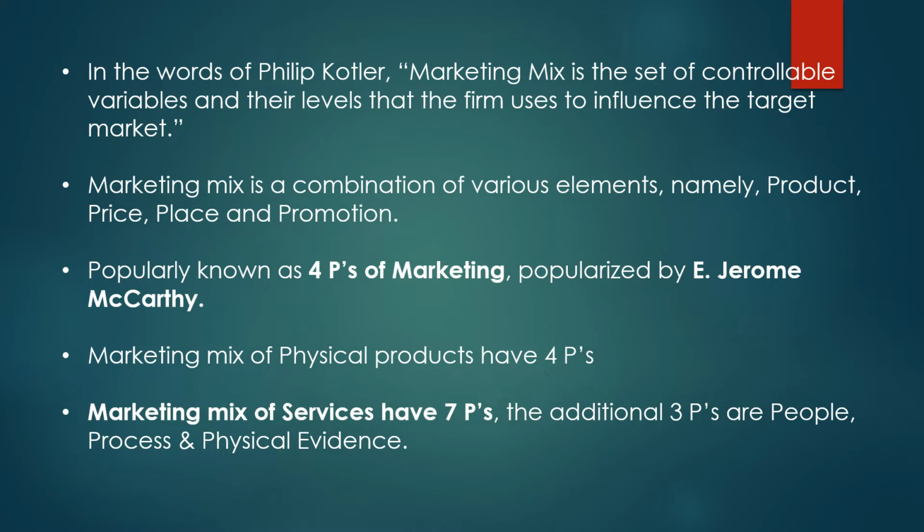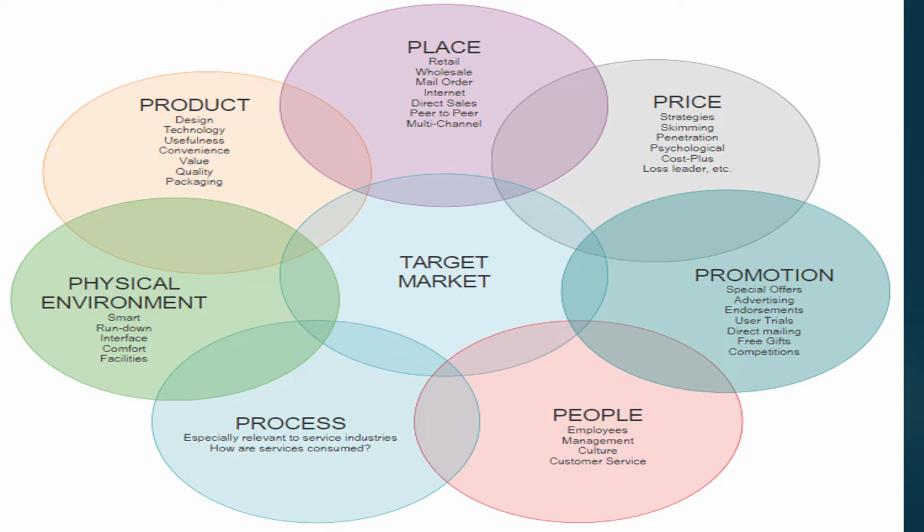And in case of services, we have 7 P's. Additional 3 P's are people, process, and physical evidence. In this picture, we can see different elements of marketing mix along with the contents of different elements.